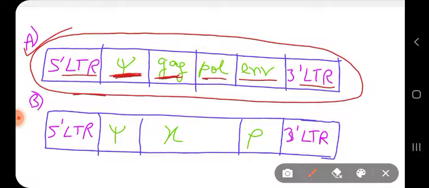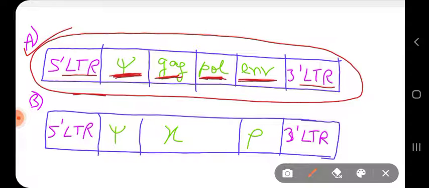The GAG gene consists of a sequence that codes for the structural protein of the retrovirus. The POL gene codes for the reverse transcriptase enzyme, which will use the RNA to make DNA. The ENV gene codes for the envelope protein, which is normally eliminated from the vector virus.